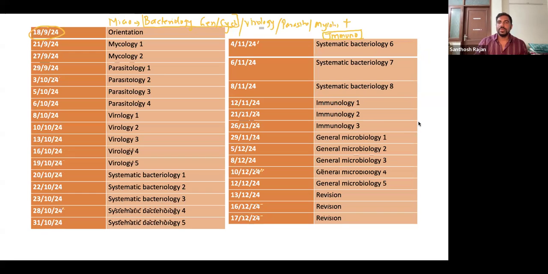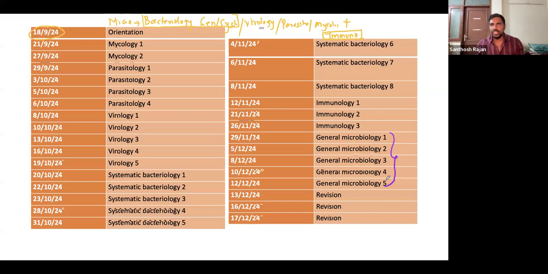What about general? In general bacteriology, 5 classes, because general bacteriology is also very important. Usually a lot of questions come, so we have made it like this. General microbiology is an important topic. We have 5 classes, sufficient to know everything about general bacterial structure, the different types of bacterial cell wall and their appendages.